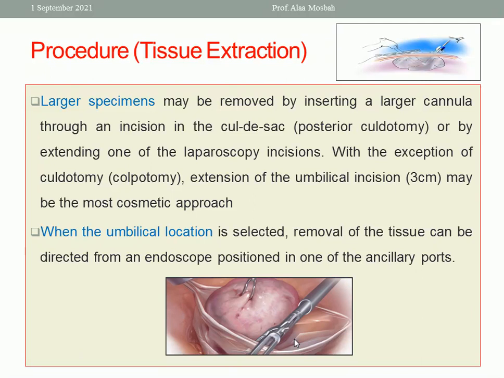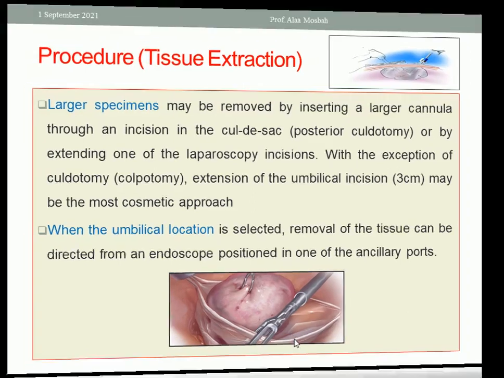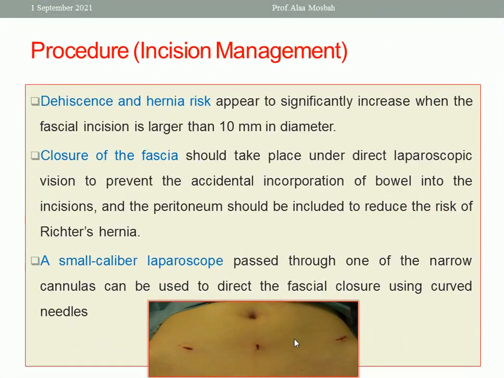So I put another telescope in one of the 5 millimeter ports of the secondary trocar, secondary sheath. In the ancillary one, I put the small 5 millimeter telescope, and I put the grasper, the claw, which will pick up the mass through the abdomen, through the trocar of the umbilicus, which was used before for the telescope. Okay, you understand this? So I'll change the position of the telescope.